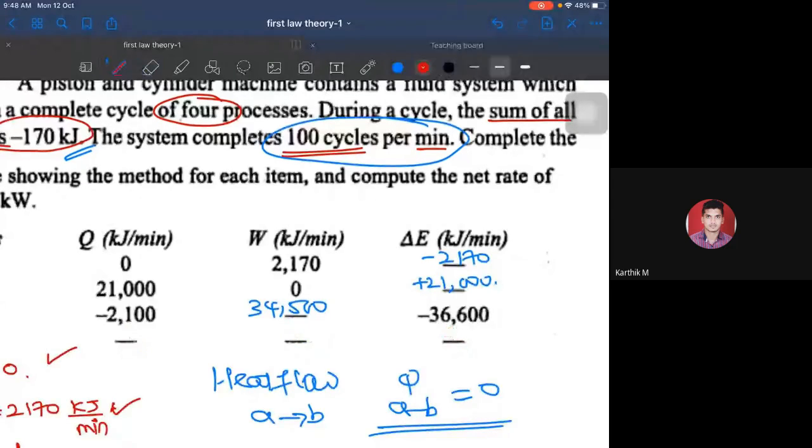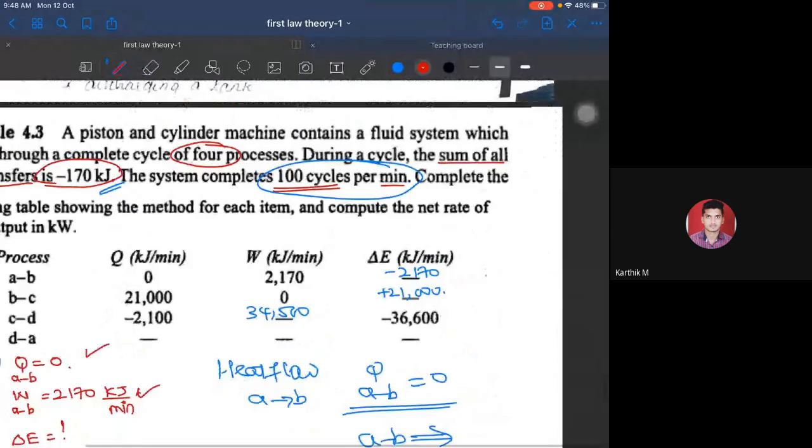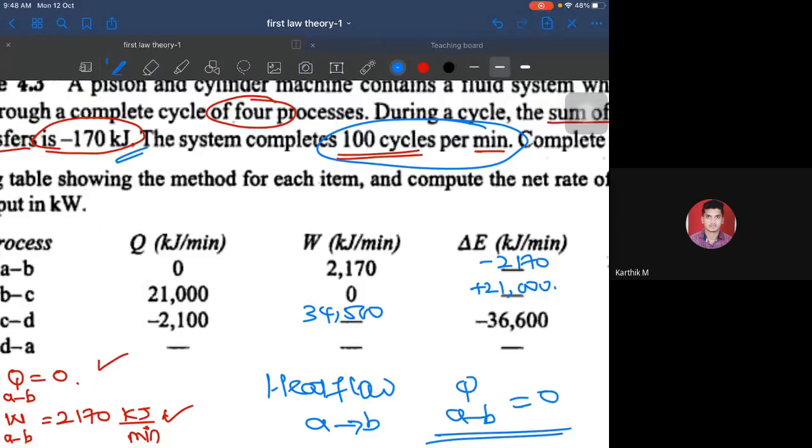What are the values we have found out? We have found out the value of Q from D to A. What is that value? Q of D to A is minus 35,900. And delta E from D to A is 17,770.